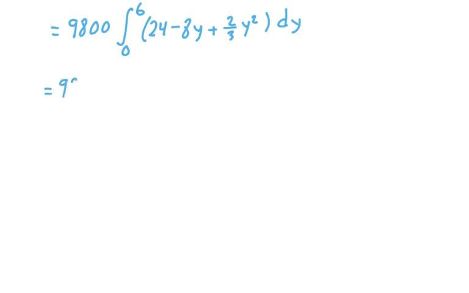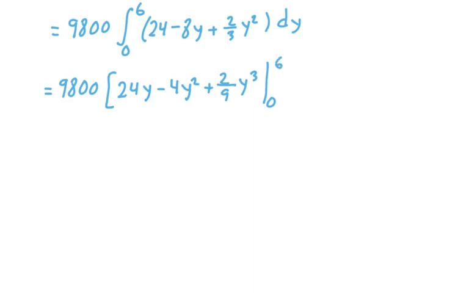So this is 9,800 times 24y minus 4y squared plus 2/9 y cubed, evaluated from 0 to 6. So this is 9,800 times.